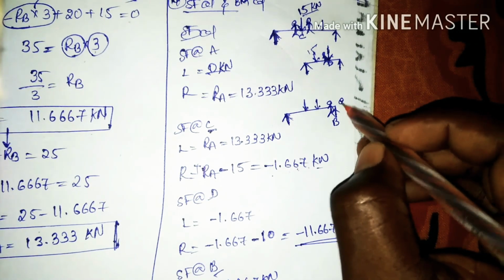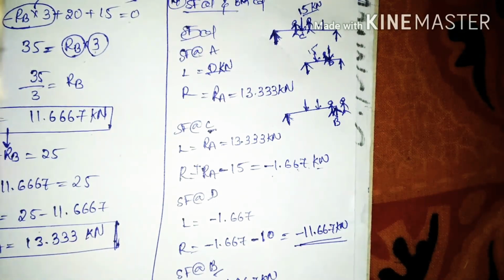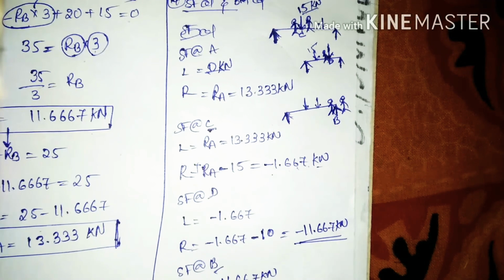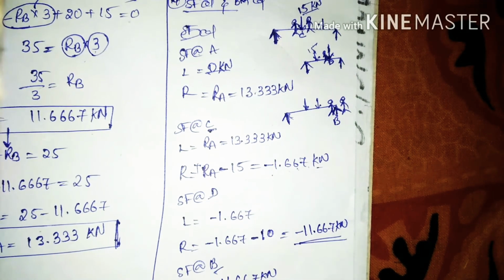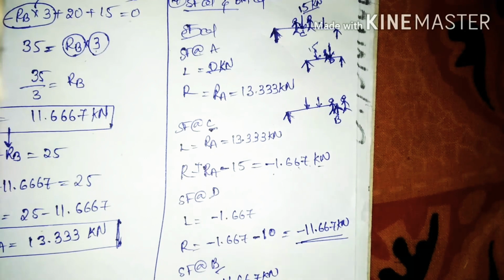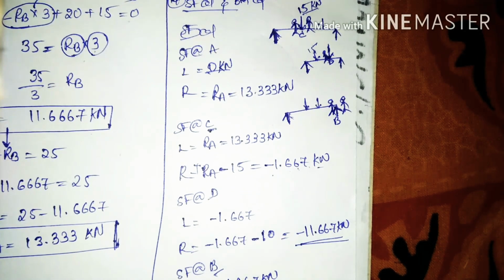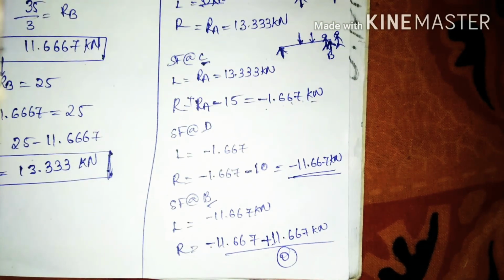After the right of B, I find an upward reaction, which is positive, with the magnitude 11.667 kilonewtons. This minus and this positive are going to be 0, and this is on the reference line. And next, similarly, the bending moment calculation.